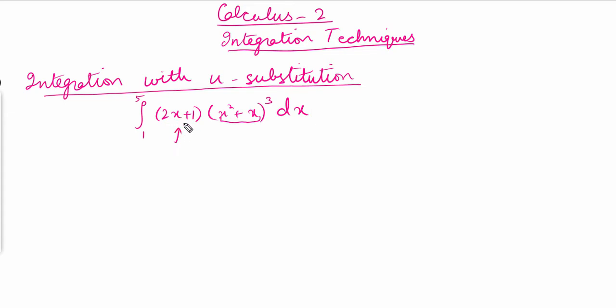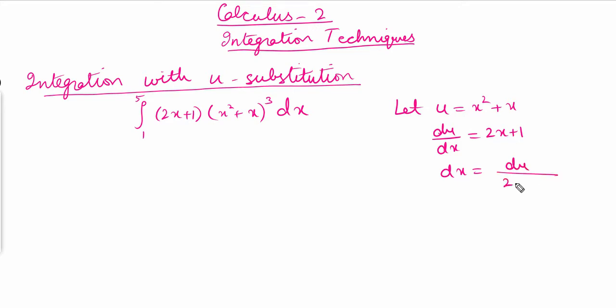So what we do is we simply suppose that let u is equal to this function. I'll write it over here. Let u equal x square plus x, so that du over dx will become 2x plus 1, and dx will become equal to du over 2x plus 1.